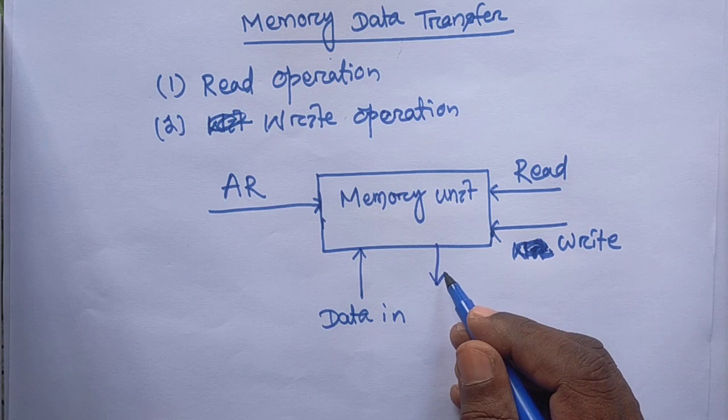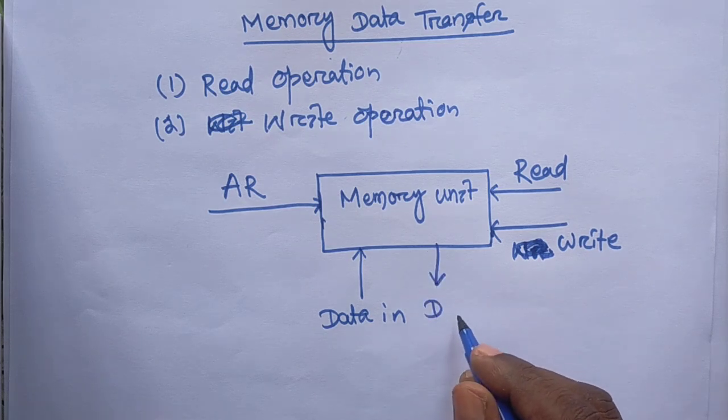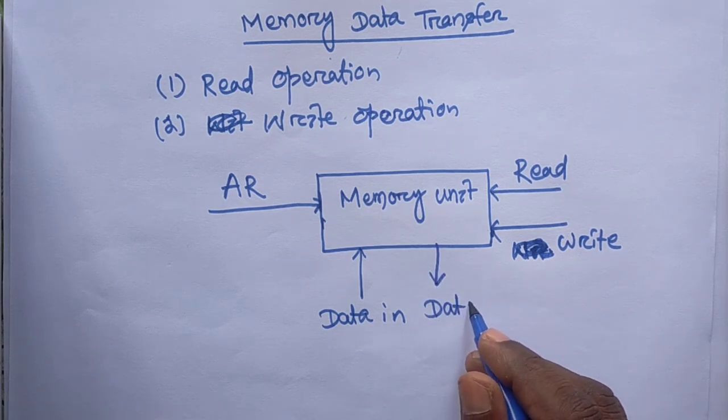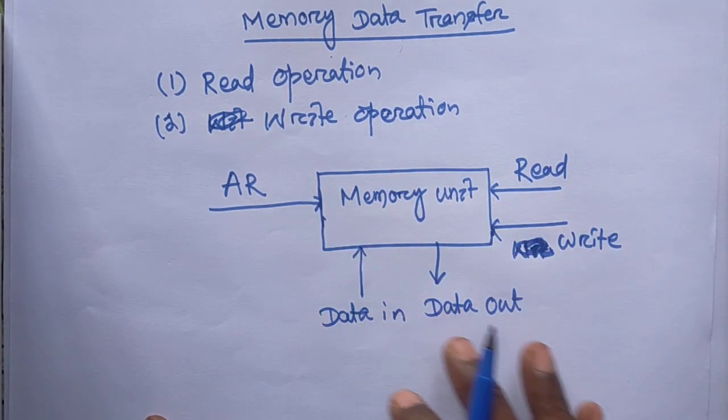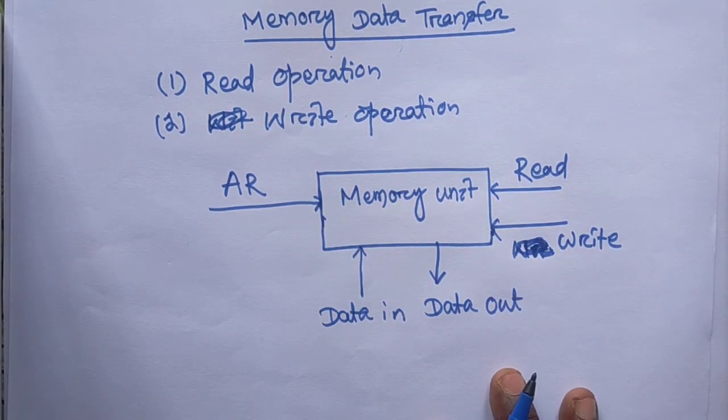If data comes out from memory, we can write data out. So this is the basic figure of memory data transfer. Two operations are used, read operation and write operation.